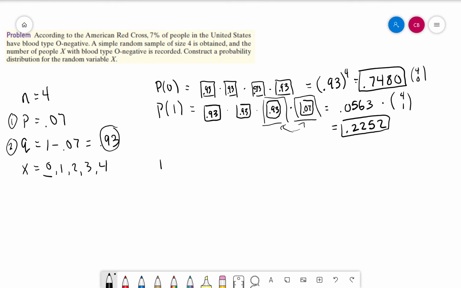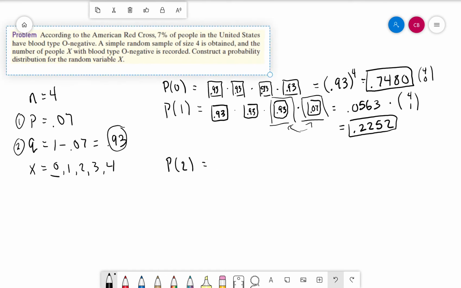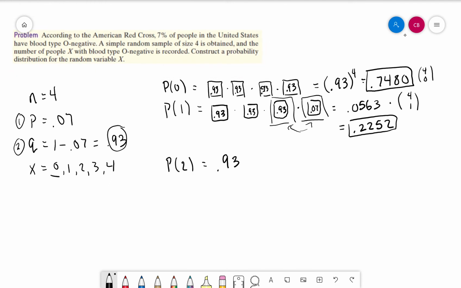And we can keep going. P of 2. This one's going to be 0.93, 0.93, and we'll pretend the first 2 don't, and then the next 2 do, 0.07, 0.07. It should make sense that these probabilities are getting smaller each time, because it's less and less likely that 2 of the people, or a 3rd person, has O negative blood, since it's only 7% of the population.